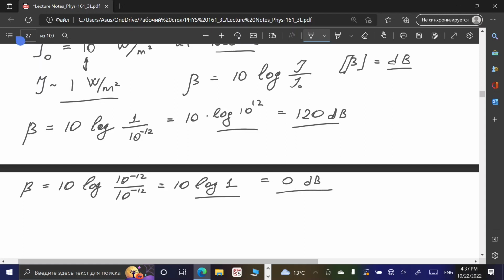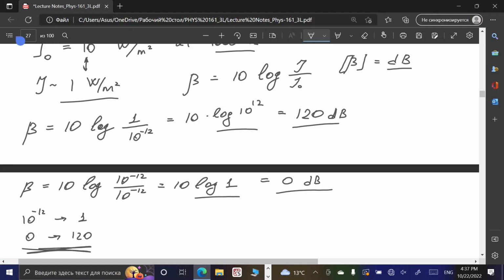So you see here we change for real sound intensity, we go from 10 to minus 12 up to 1. And for sound level, we go from just 0 to 120. And of course, it's much easier to operate with a narrower range.